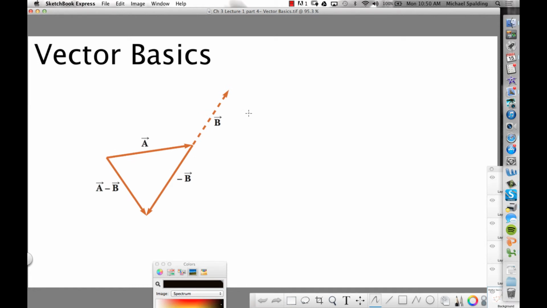Okay, here, the key thing is that we're looking at what happens if you're subtracting vectors. So what we're doing here is vector A minus vector B. The whole point on this screen is that vector A minus vector B is identical to A plus negative vector B. Well, what the heck is negative vector B?